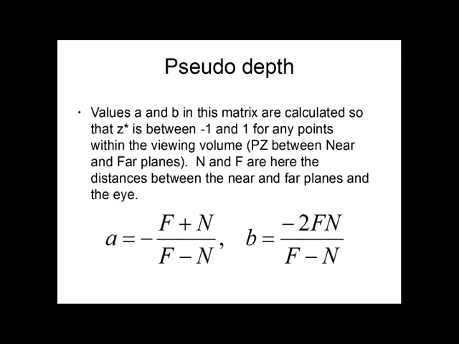So something that's between the near plane and the far plane will be between minus 1 and 1. Everything smaller than minus 1 will be clipped away. Everything larger than 1 will be clipped away. And what we now want to do is to do the same thing for the x and y coordinates as well.